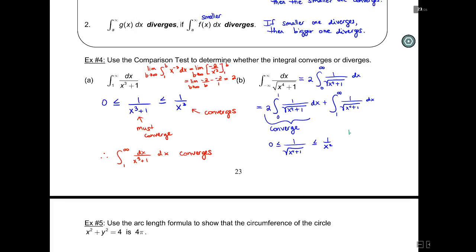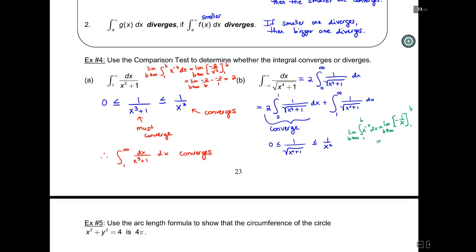So if I consider the limit as b goes to infinity of the integral from 1 to b of x to the negative 2 dx, we get negative 1 over x. Keep forgetting to write my limit as b goes to infinity of negative 1 over x, evaluated from 1 to b.